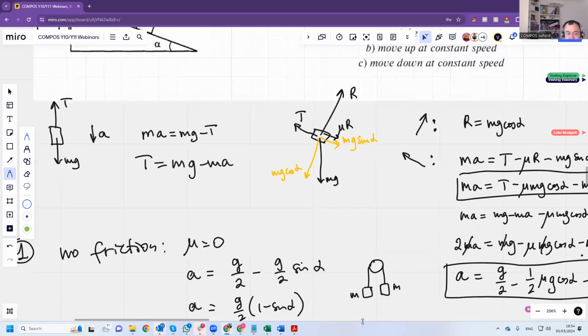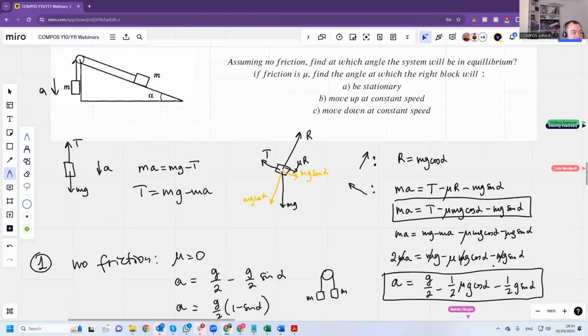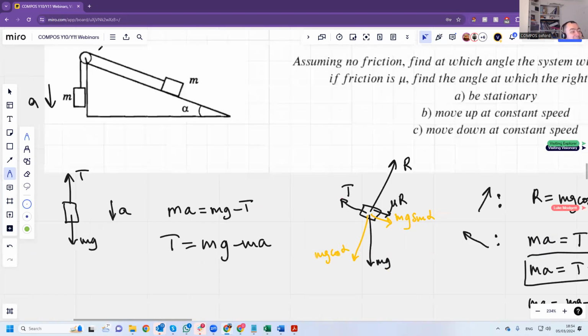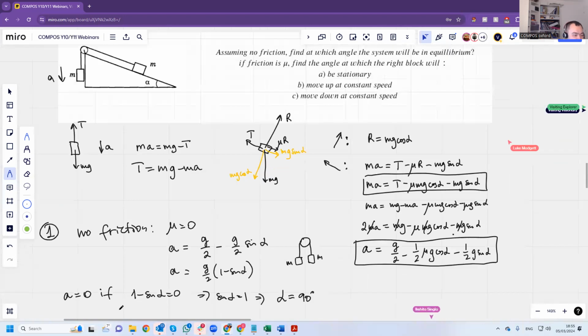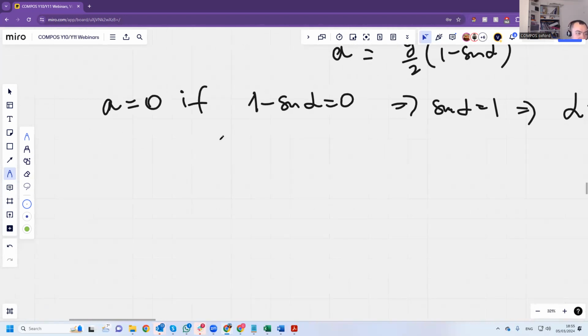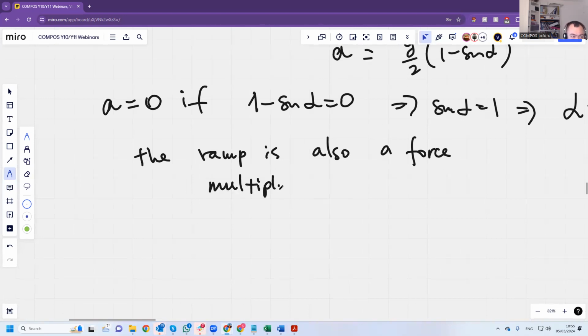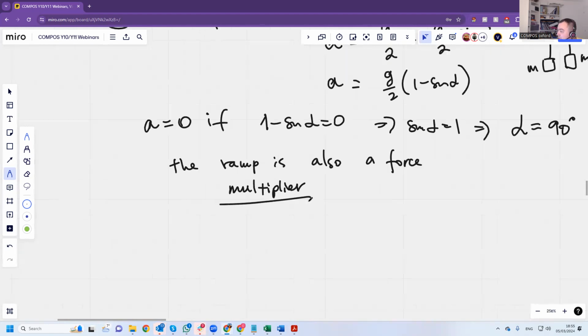M and M. Right? So the ramp is 90 degrees. The ramp is also a force multiplier. You can use a smaller force to lift heavier objects. It provides a mechanical advantage.